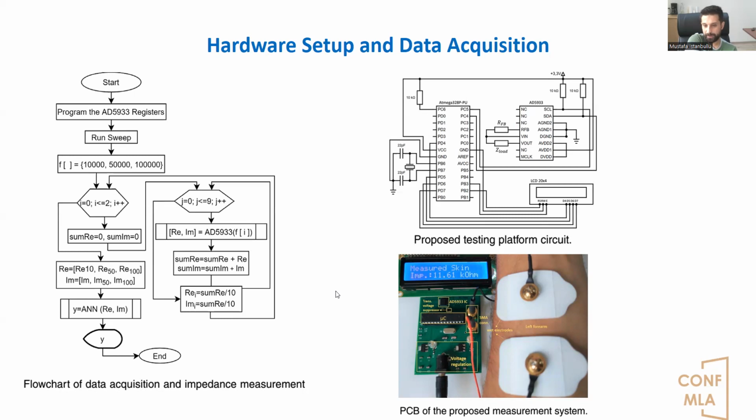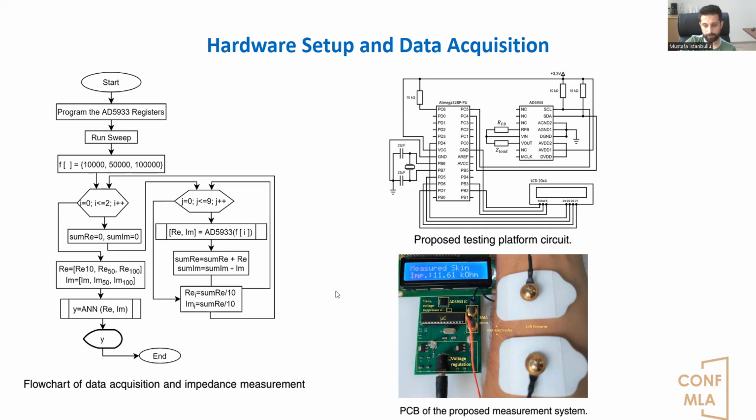The control of the impedance analyzer chip is done by Atmega328P microcontroller on the serial I2C communication. 16 megahertz crystal oscillator is used for the microcontroller.